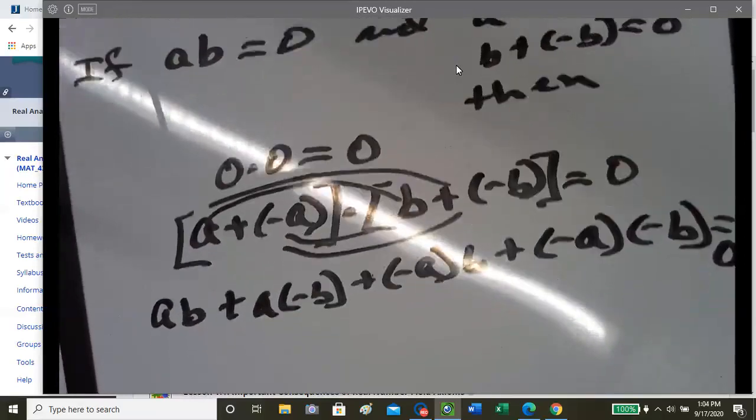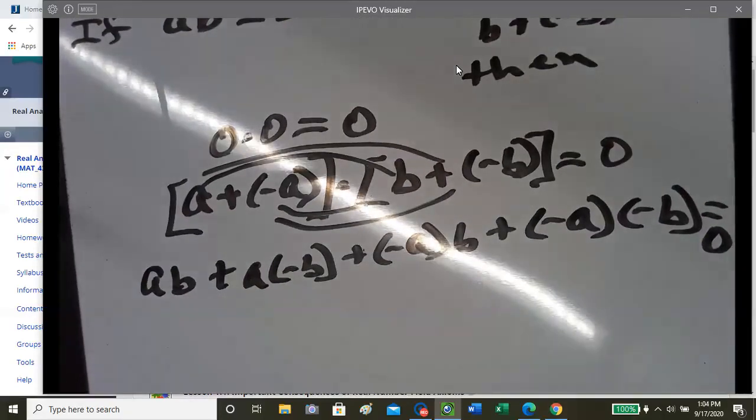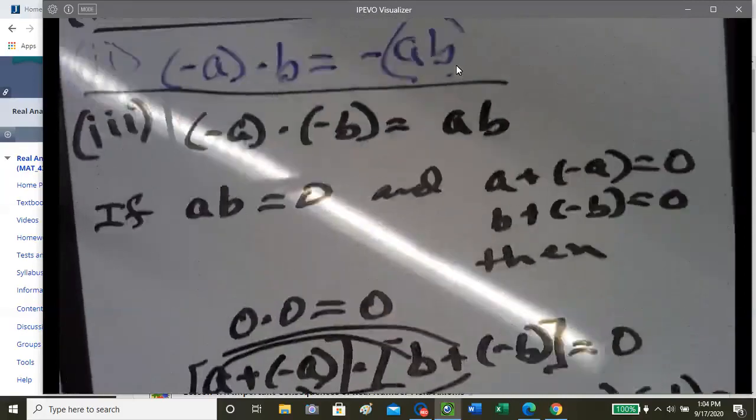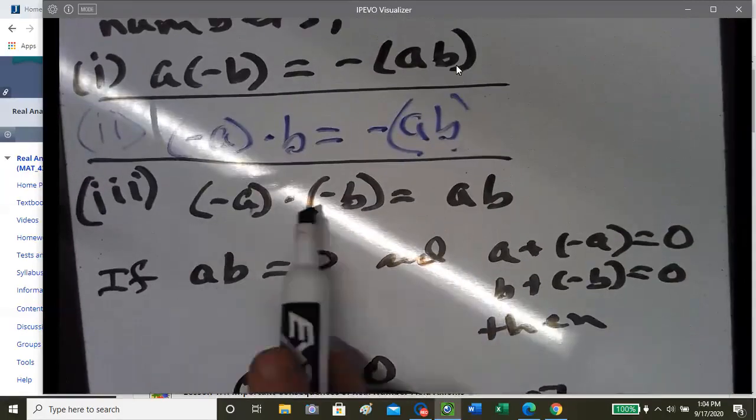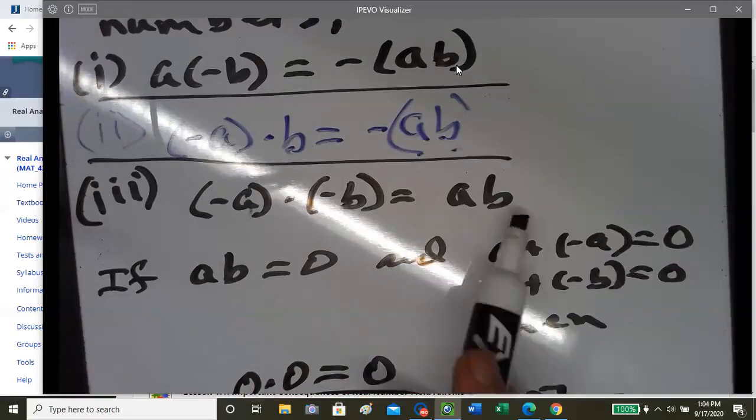So why did we do this? Because we wanted to show that the negative a times the negative b is equal to ab.